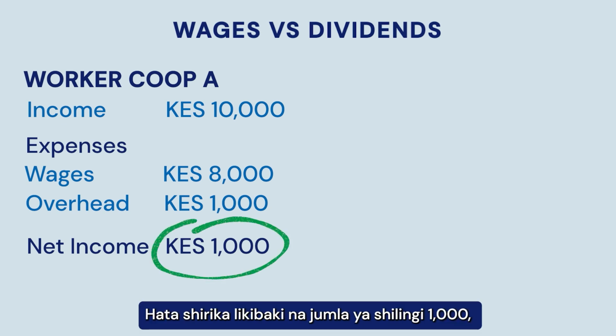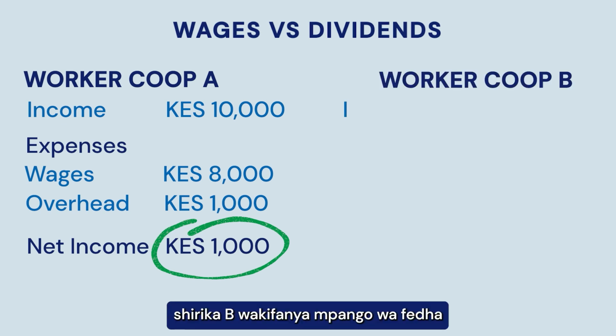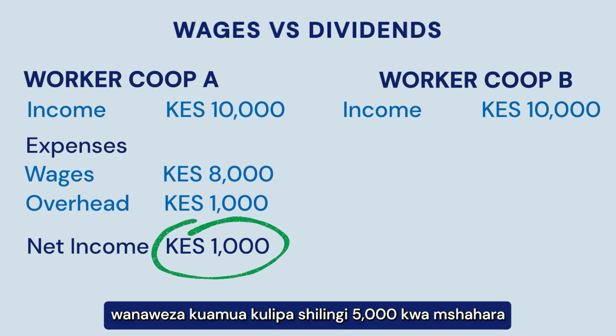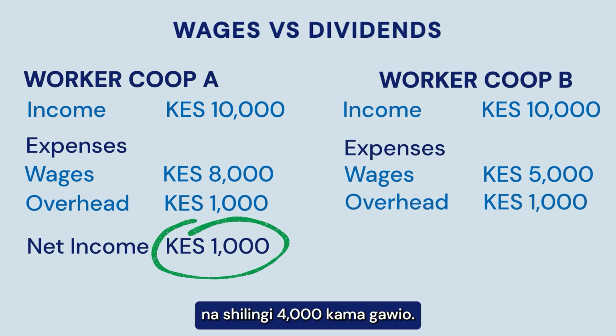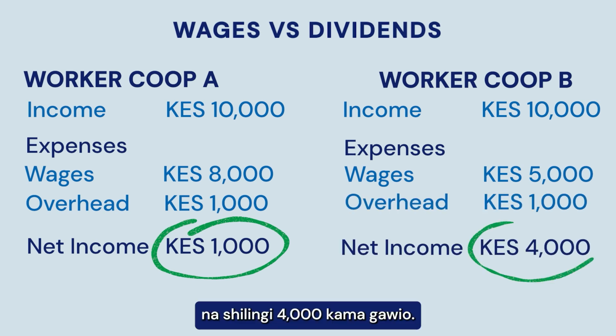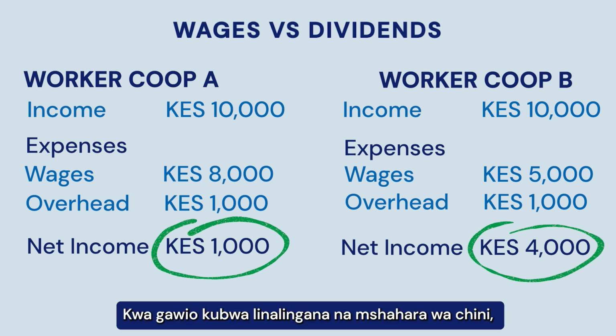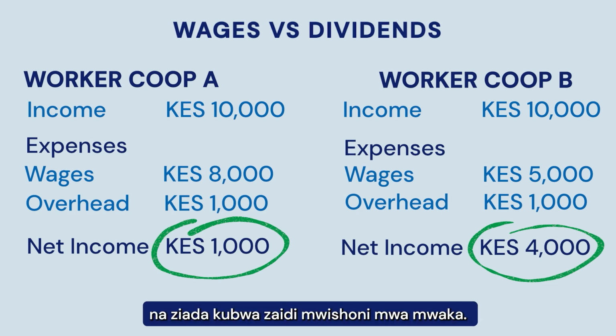Even with a net of Kenya shillings 1,000 to be split at the end of the year, worker Coop B may want to perform financial planning and may decide that it can only pay 5,000 Kenya shillings in wages and Kenya shillings 4,000 in dividends. For greater dividends, it goes with lower wages and larger surplus at the end of the year.